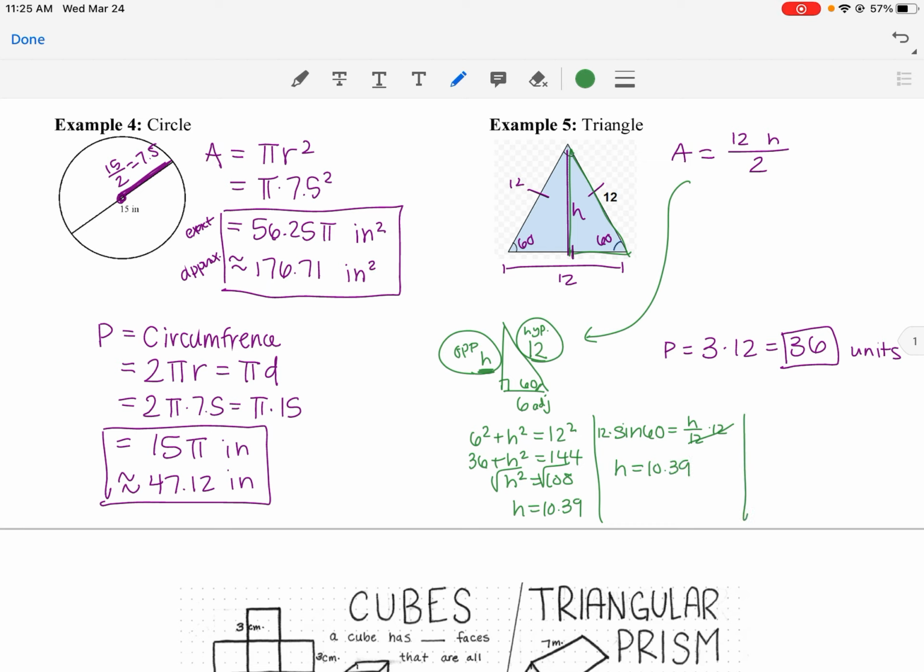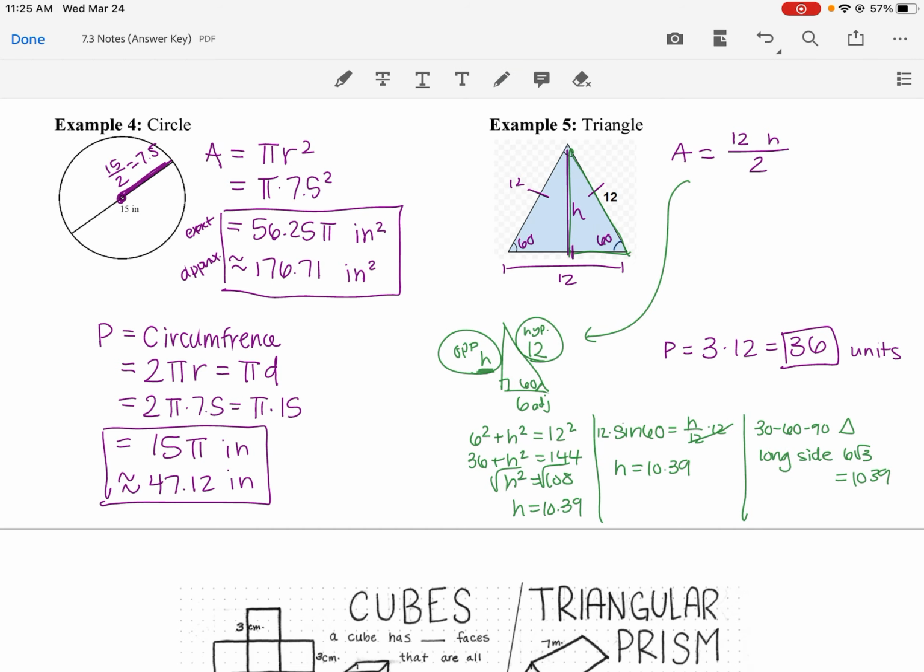The last way you could think about it is as a 30, 60, 90-degree triangle. If the hypotenuse is 12, then the short side is 6, and then the long side, remember, is 6 square root of 3, which is also about 10.39. It doesn't matter which way you do it, but one way or the other, you have to find that height.